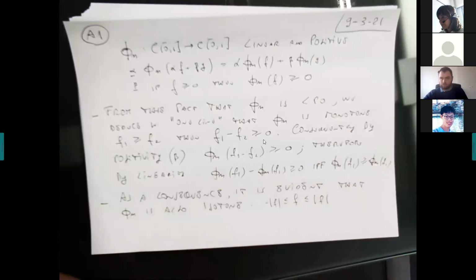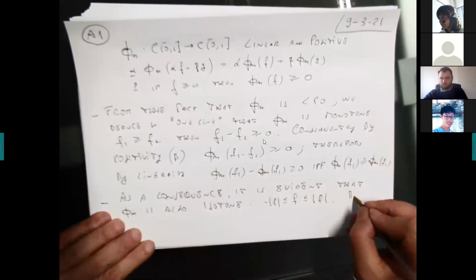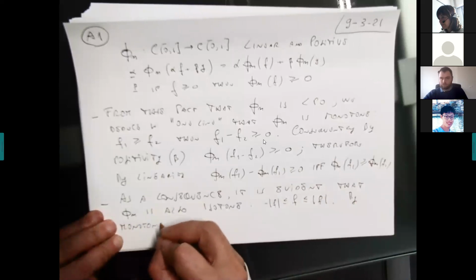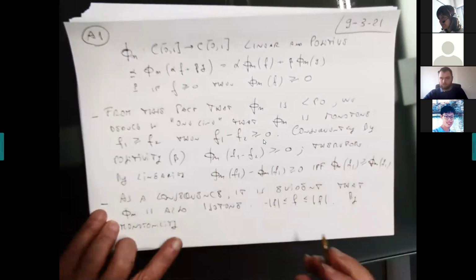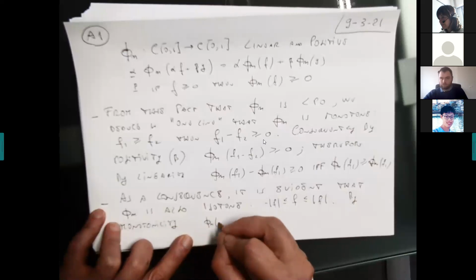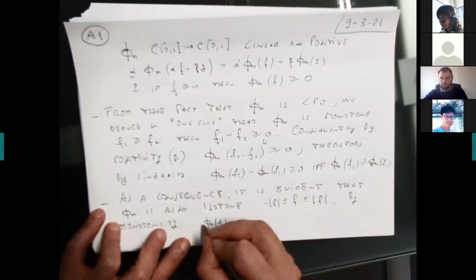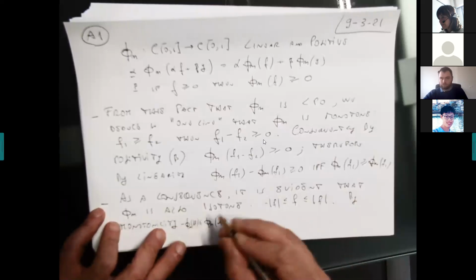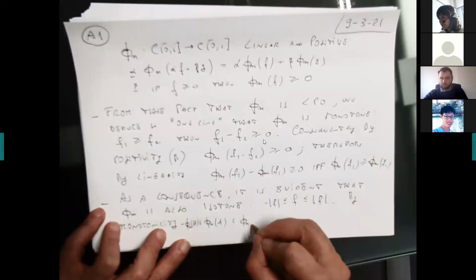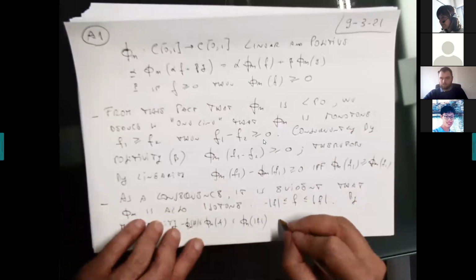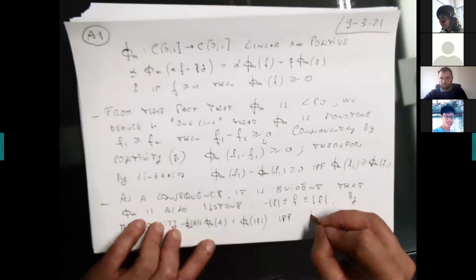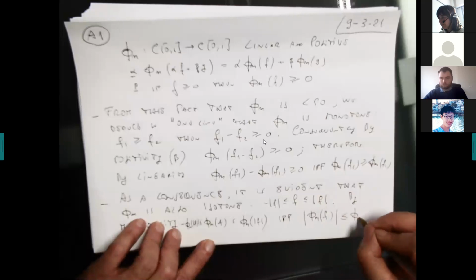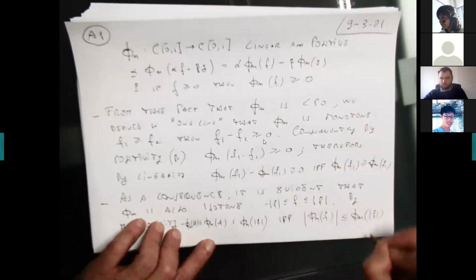This is kind of trivial. So by monotonicity, which we just proved, phi n of f is between minus phi n of modulus of f and phi n of modulus of f, which is the same thing as saying that the modulus of phi n of f is less than phi n of modulus of f.